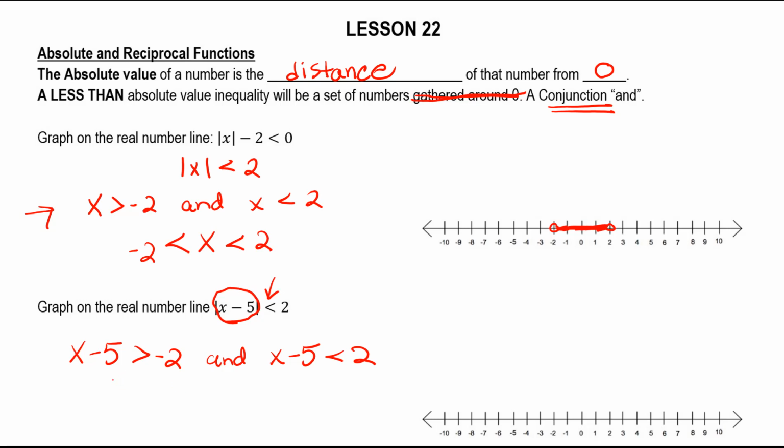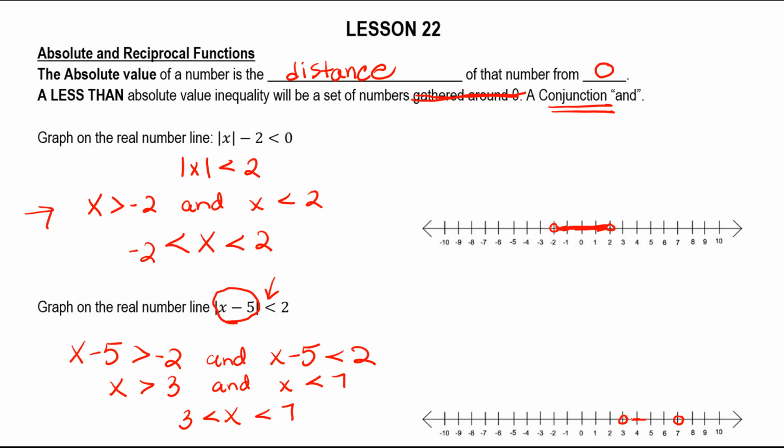So now we can solve for x, and we'll get x is greater than 3 and x is less than 7. The way we would write that as a conjunction is x is less than 7 and greater than 3. And again, we're going to graph it with open circles on the 3 and the 7 because we don't want to include those.